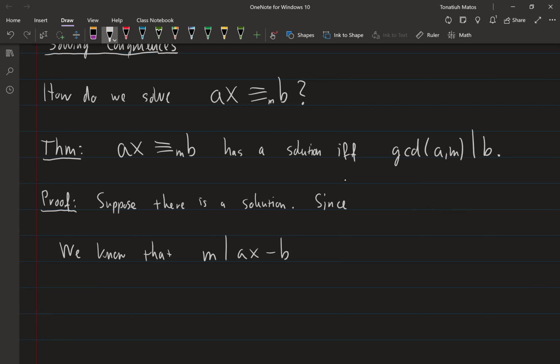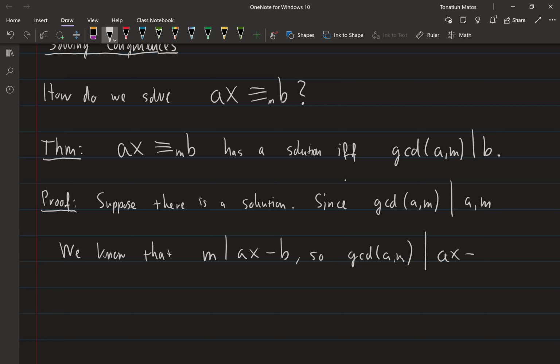Since the greatest common divisor between A and M obviously divides A and M, it must also divide this number that I just wrote down. So the greatest common divisor between A and M divides A and it divides this number.